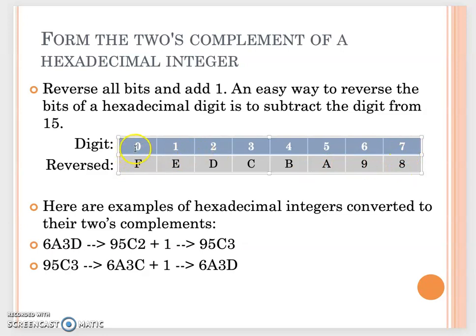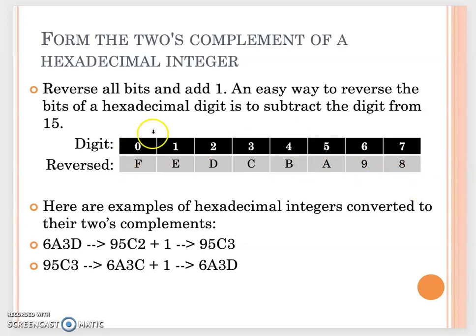So you can see each reverse pair, they add to 15. So that's why 0 reverse is F, 7 reverse is 8. But you can see no matter which one, if they are reverse bit, they add become 15. Yeah, you see 3 plus C is 12, so that's 15.